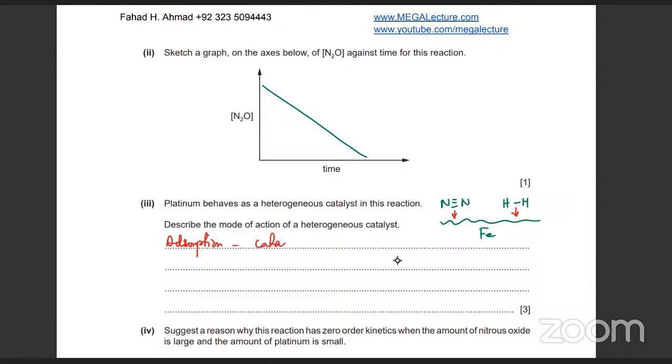So your catalyst forms weak bonds with reactant molecules and adsorbs the reactant onto the surface.